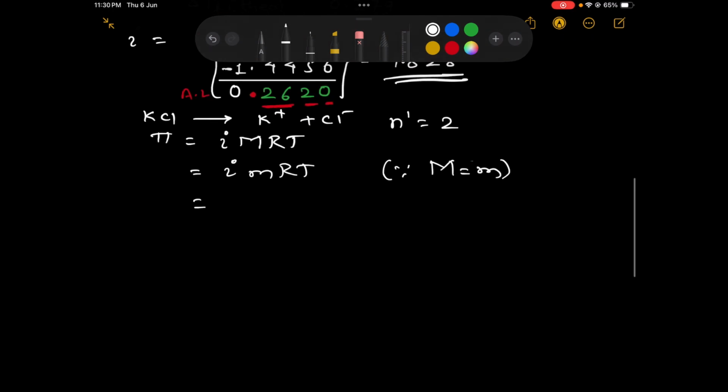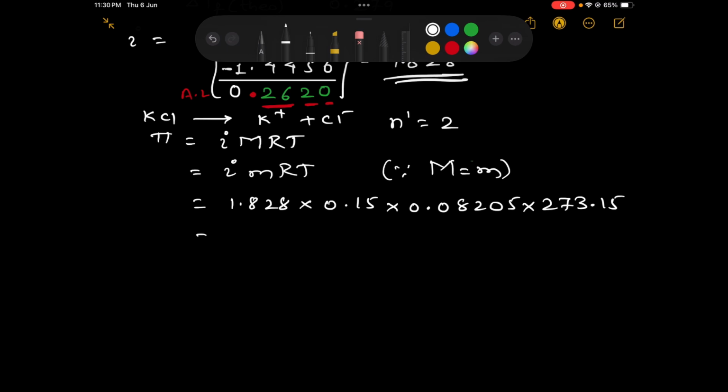So this will be equal to i, that is 1.828, into M, and what's M? 0.15, into R, universal gas constant, 0.08205, multiplied by temperature 0 degrees Celsius, that is written as 273.15 Kelvin.